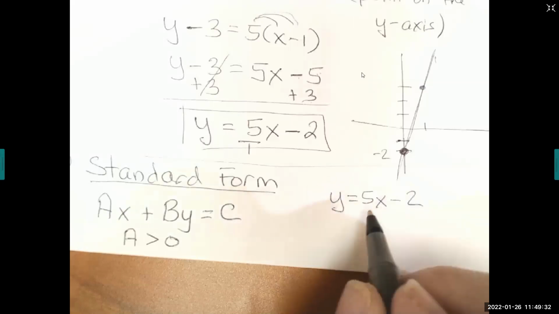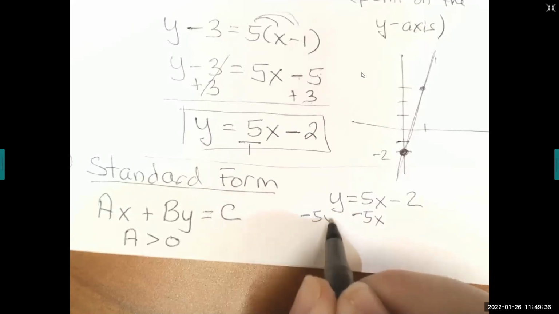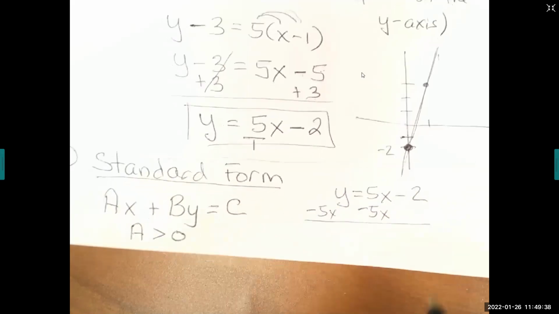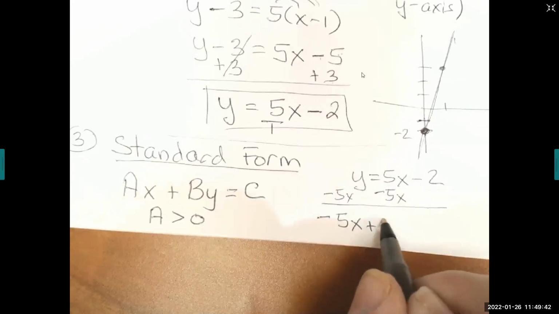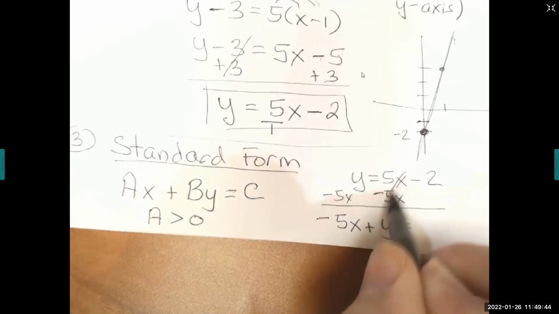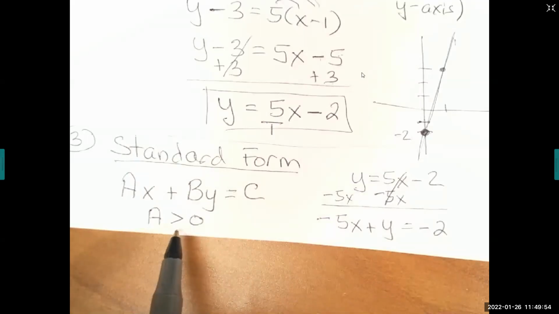How do I move the 5x? Subtract 5x from both sides. We have negative 5x plus y, those cancel, equals negative 2. X and y on the same side, but A has to be positive.